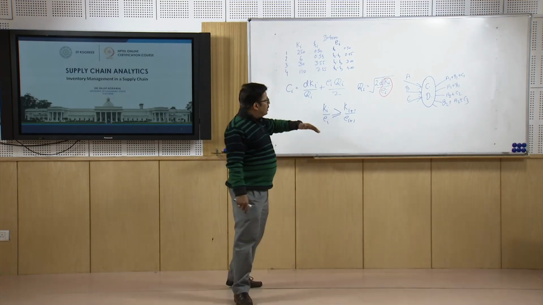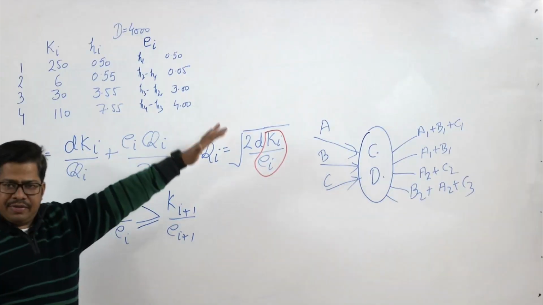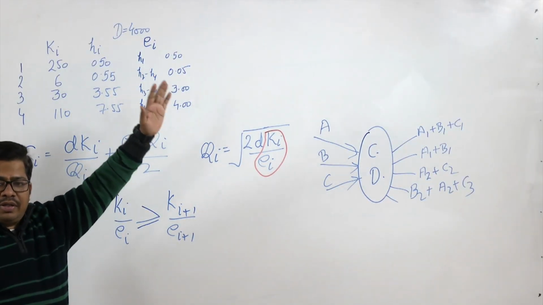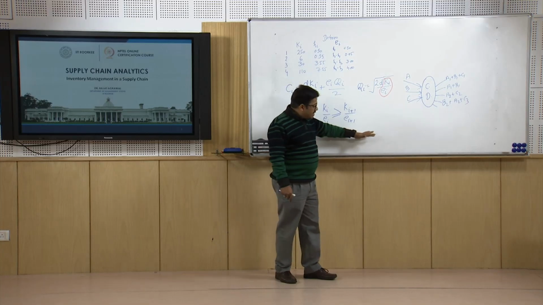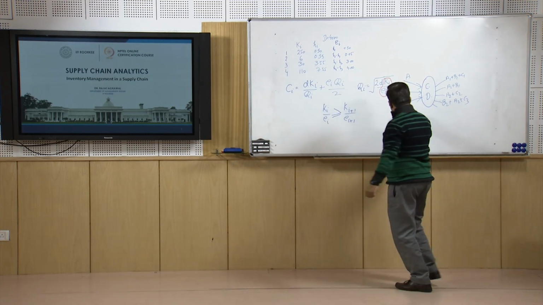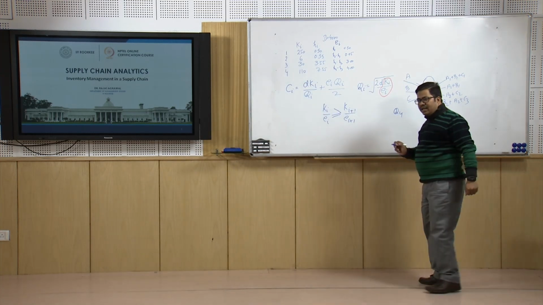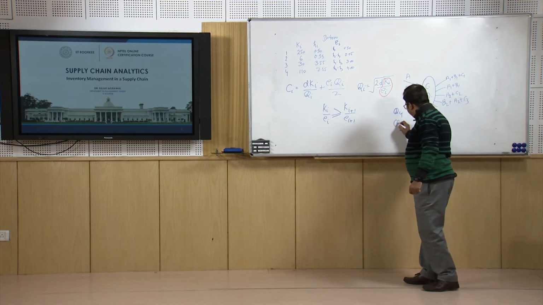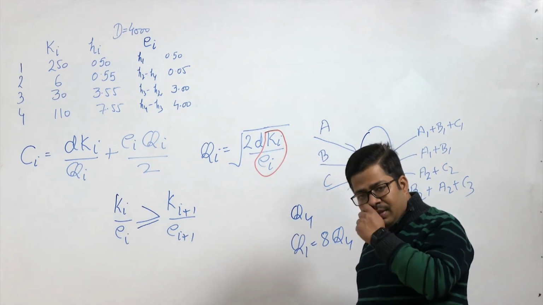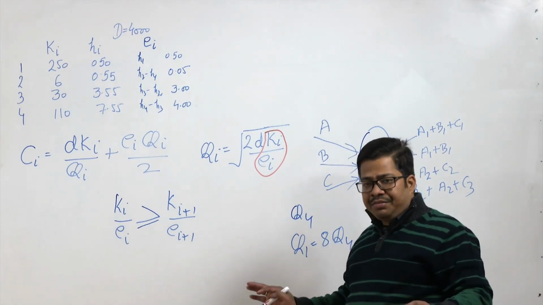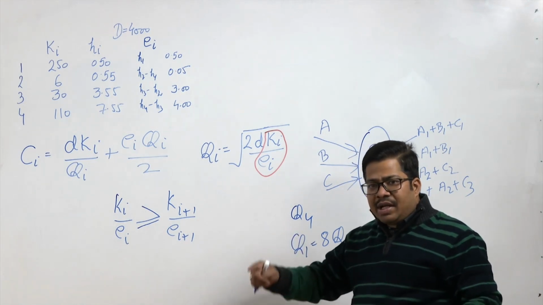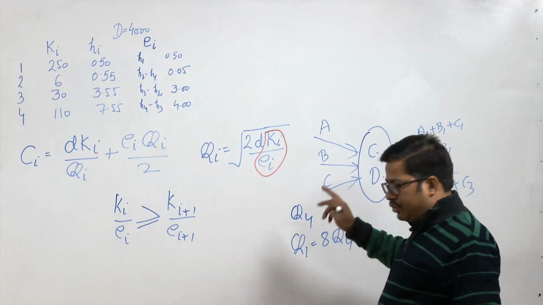Like you see in the example which we discussed in the last session, at stage 1 the inventories were 8 times those of stage 4. Stage 4 was keeping just Q4 at any time, and stage 1 was keeping 8 times Q4. So now stage 1 is blocked for 8 replenishment cycles of stage 4.